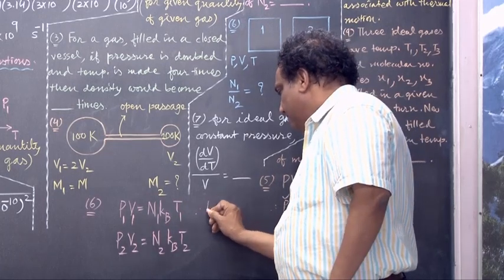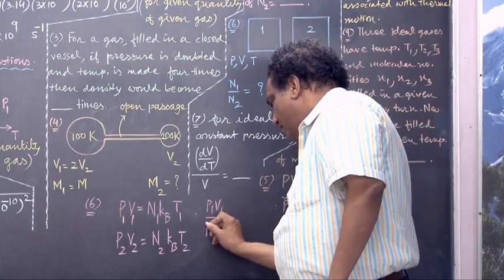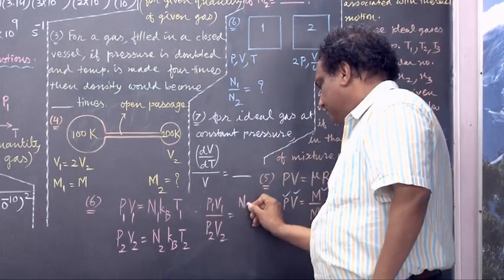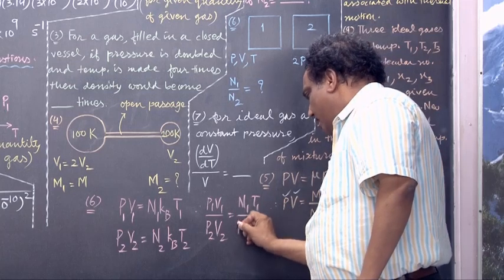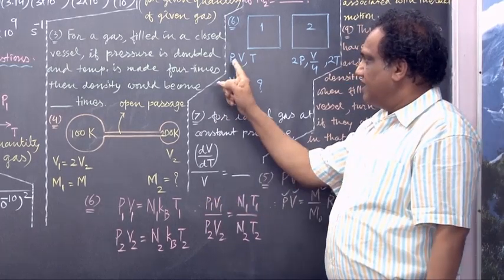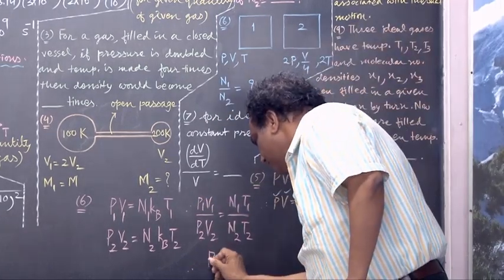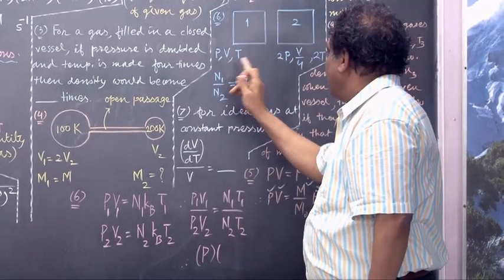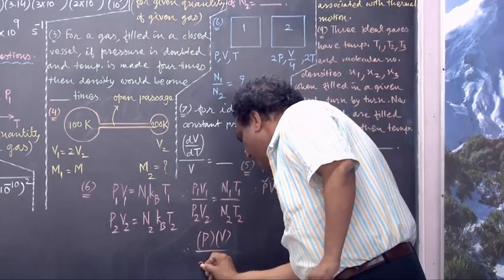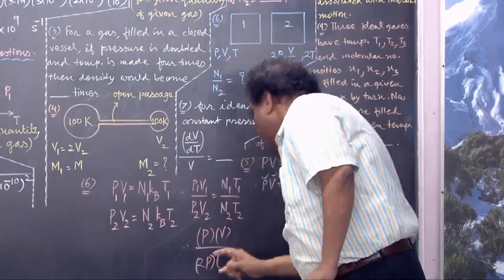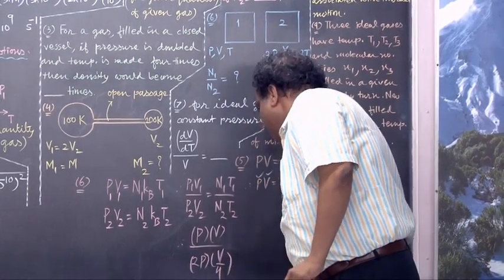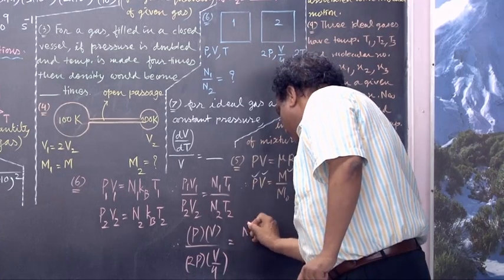So P1 V1 upon P2 V2 equals N1 T1 upon N2 T2. Correct? What is P1? P1 is P. What about V1? V1 is V. What about P2? It is 2P. What about V2? V by 4. That equals N1 upon N2 I require.